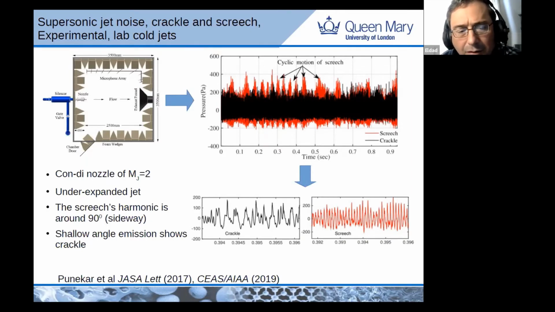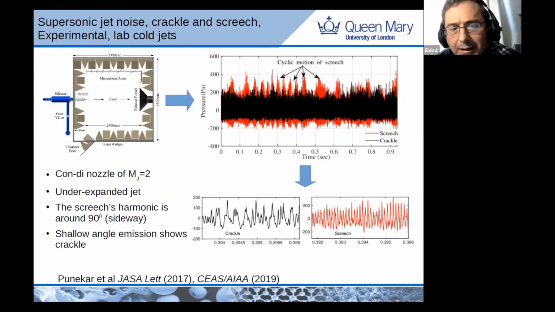And then we also looked around the Mach direction. And to our surprise, although it was a cold jet, when we recorded it, using our ears and listening to it, we heard crackle. We were quite surprised because until then, in all the experiments that we saw, crackle was from hot jets.